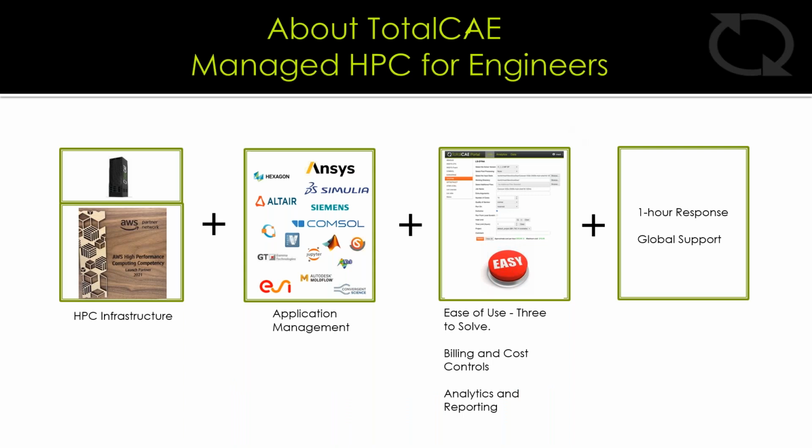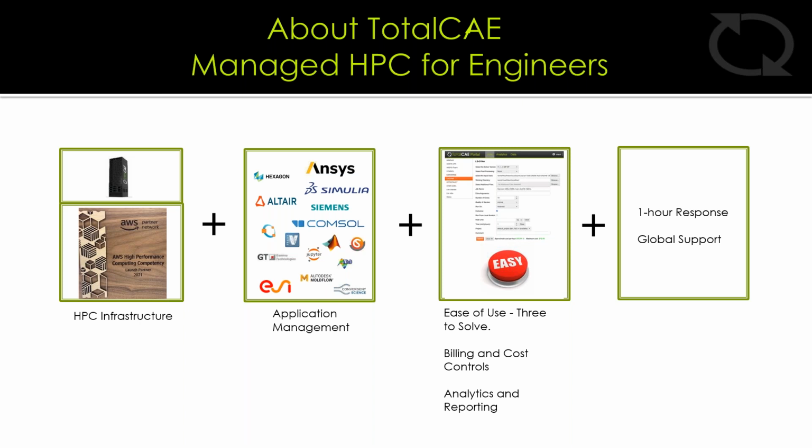What TotalCAE basically does, if you haven't heard of it before, is help customers accelerate and adopt high performance computing. We're an AWS HPC competency partner, and we combine AWS infrastructure with hundreds of apps, not just ANSYS, but any major app you're going to use. Then we make a simple-to-use interface so that you can focus on engineering and not IT.